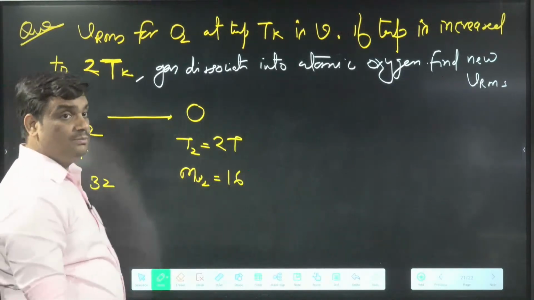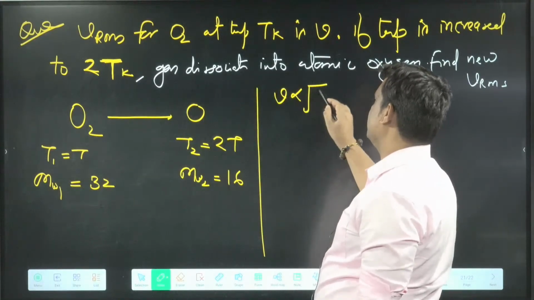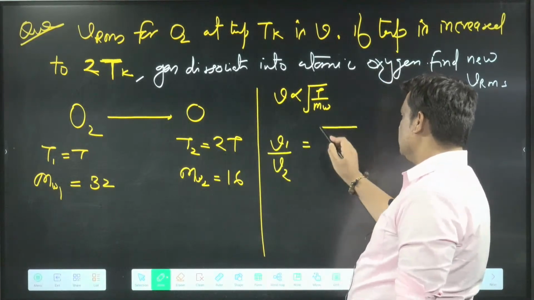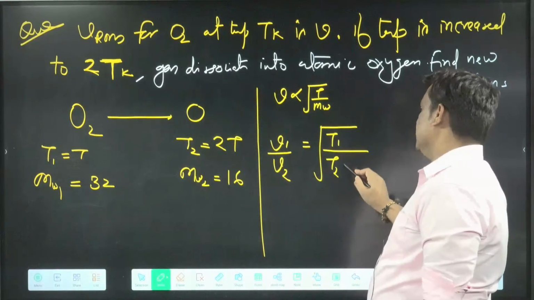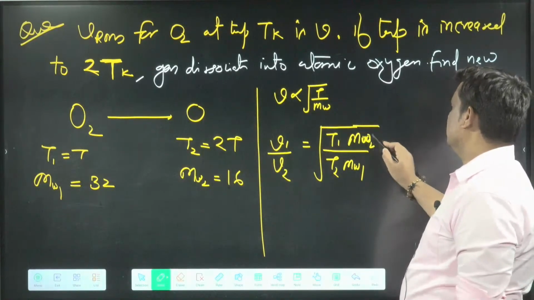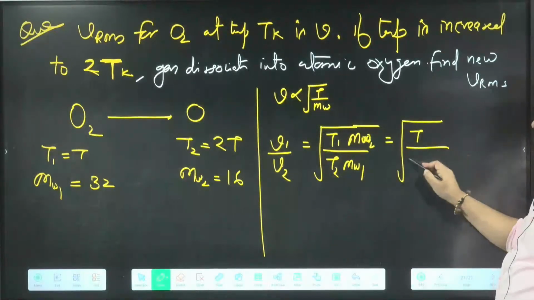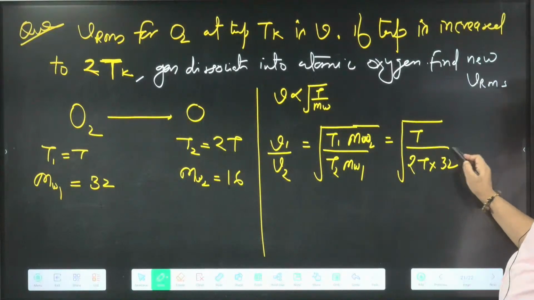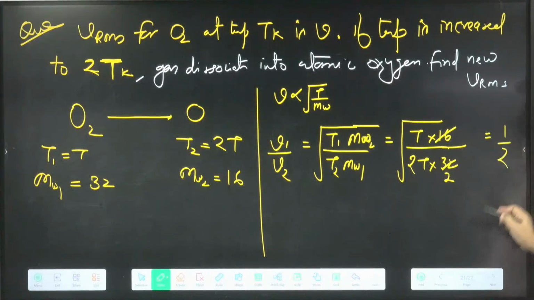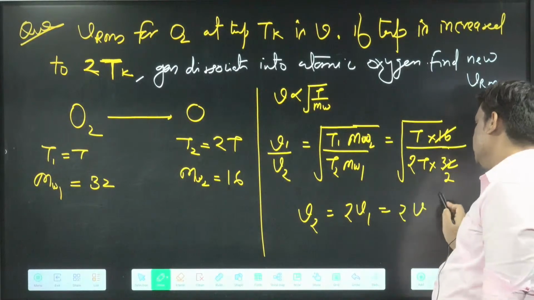And we'll use the same thing, V proportional to root of T by MW, so V1 by V2 will be equal to root of T1 by T2 times MW2 by MW1. Putting the values: T1 is T, T2 is 2T, MW1 is 32, and MW2 is 16. The 2 becomes 1 by 2, it means V2 is basically 2V1, which is equal to 2V.